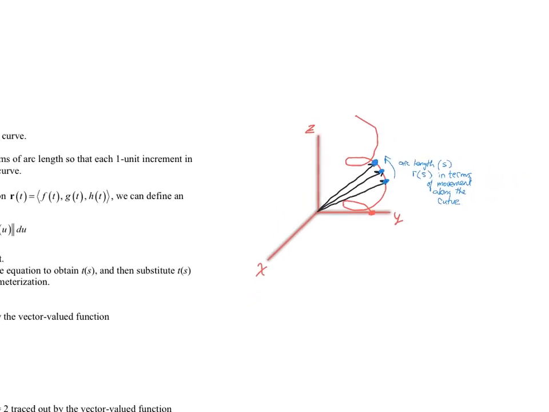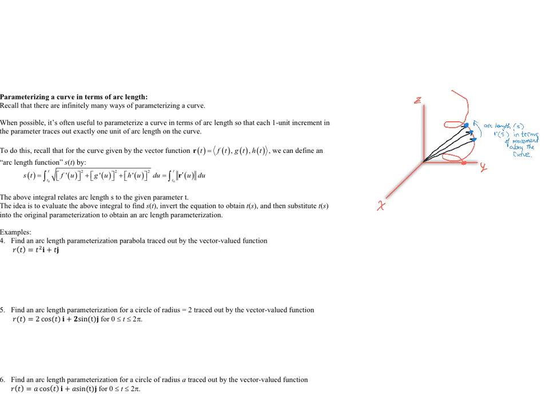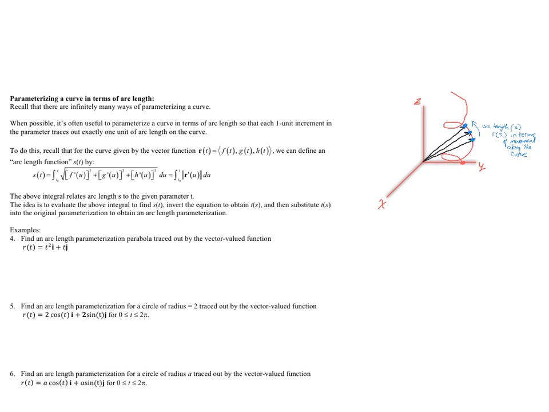Now, in terms of actually carrying out the process, we got some nice formulas here, but the formulas themselves are really just dictated based off of our knowledge of arc length, right? So we have an arc length formula, but what we need to do is create an arc length function, right?